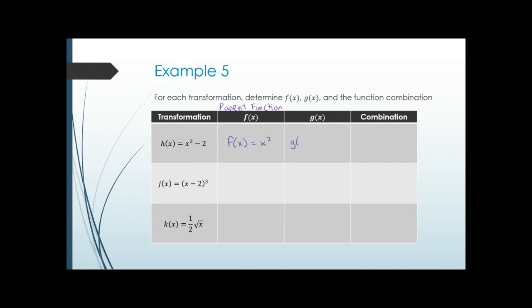So g of x would be my function, say x minus 2. And what we did is we plugged x squared in for x. So we are plugging f of x into g of x. So that gave us, instead of x minus 2, x squared minus 2.